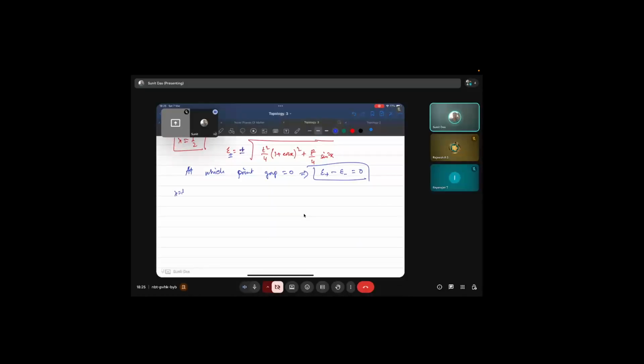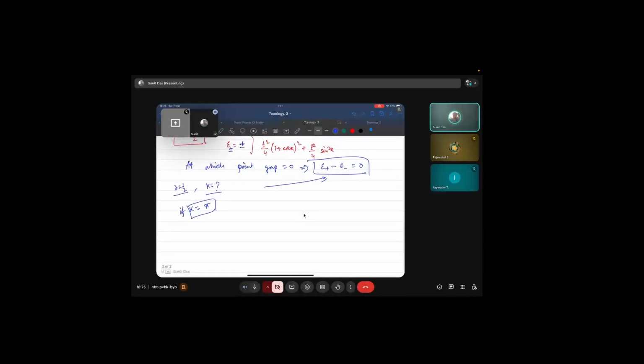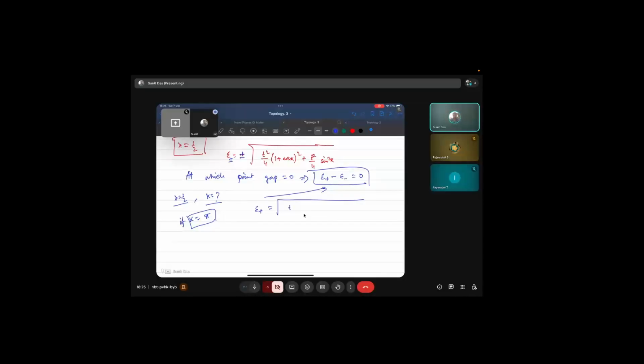So we already have lambda equal to half. Now we want to find at which k. So what is the k value for which this condition is satisfied? It turns out that if k equal to pi, then epsilon plus equals t square by 4 times, for cos pi, which is minus 1, 1 minus 1 is 0, and then plus t square by 4 sin pi, which is also 0, right?